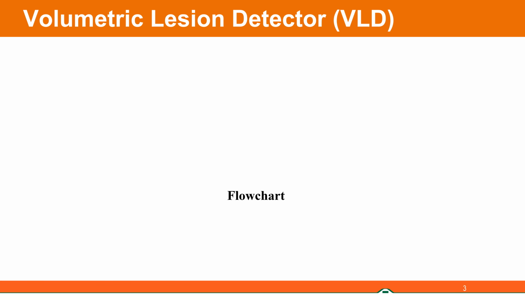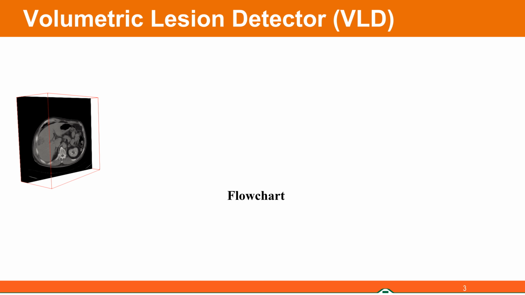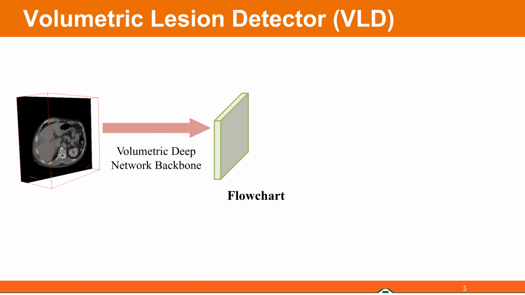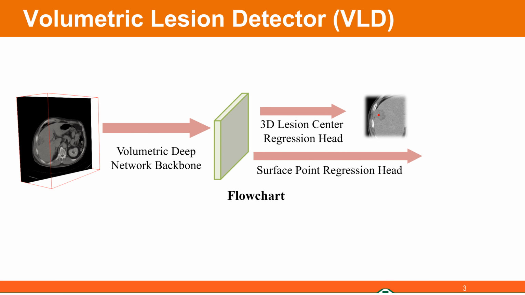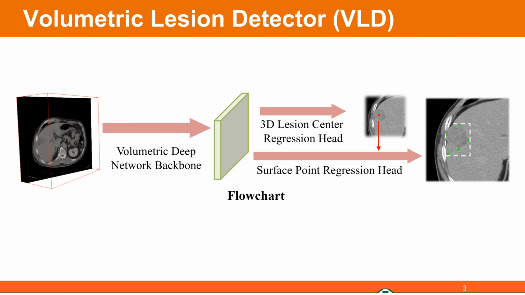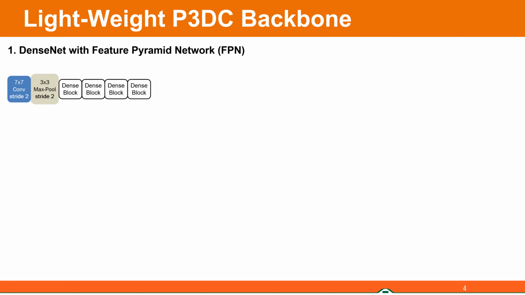Our proposed VLD follows a one-stage anchor-free detection workflow. VLD takes volumetric CT scans as input and extracts deep convolutional features with its backbone. The extracted features are then fed into VLD's 3D center regression and surface points regression heads to generate center coordinates and surface points respectively.